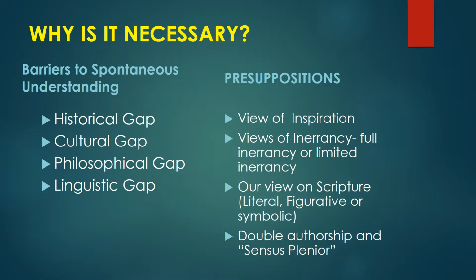Our views on whether Scripture is to be understood as literal, figurative, or symbolic can also affect how we interpret Scripture, as well as double authorship and sensus plenior. Double authorship basically is the belief that God and man work together to produce the inspired Scriptures, while sensus plenior is the view that Scripture has a fuller sense than that intended by the author.